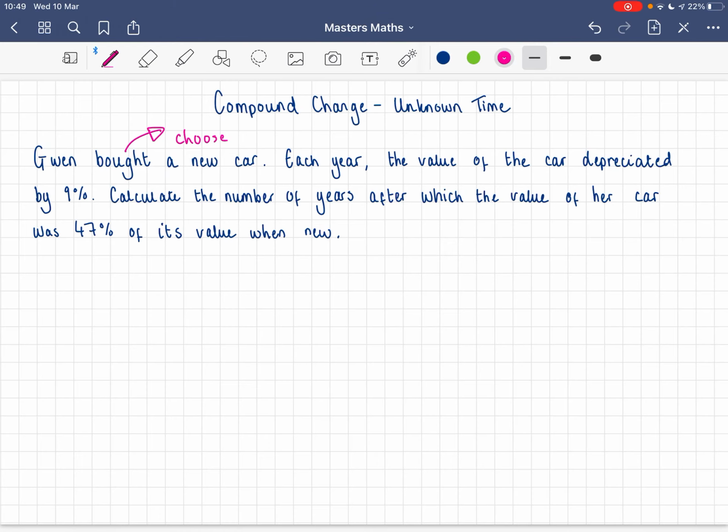I would choose 100 or 1,000 or something like that. But choose a value for the car if it doesn't tell you one. Pick your own. Then work out how much it would be when it's 47% of its original value, and then work out the number of years. So I'm going to pause now, have a go, see if you can do it. It is quite tricky, and then come back and see the solution.